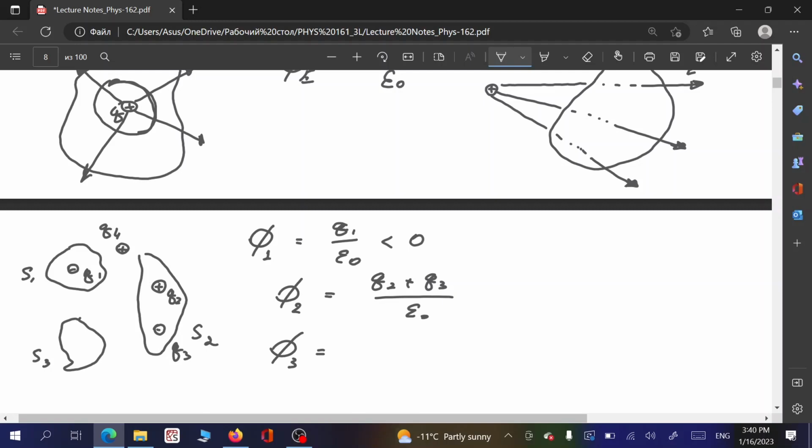However, here we have some net electric field vector created at each of these points by all of these charges. And this electric field vector will not be equal to zero. However, the net electric field flux through a closed surface which does not enclose any charges inside it will be equal to zero.